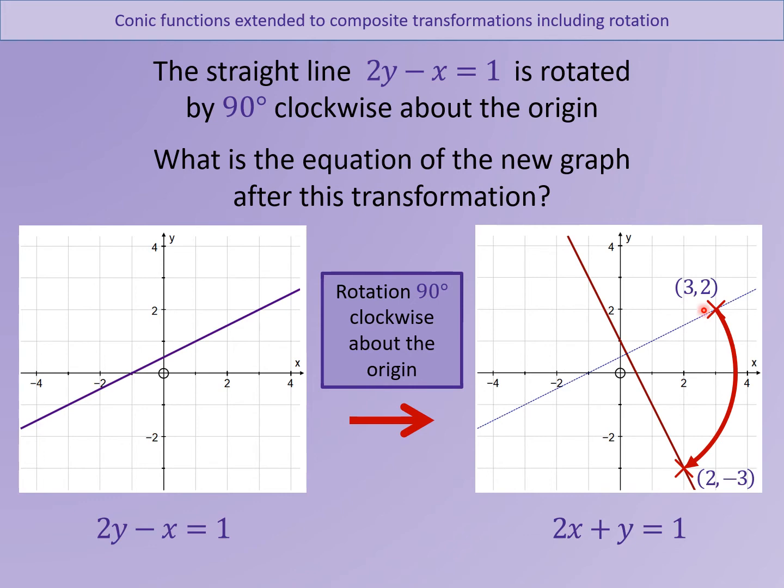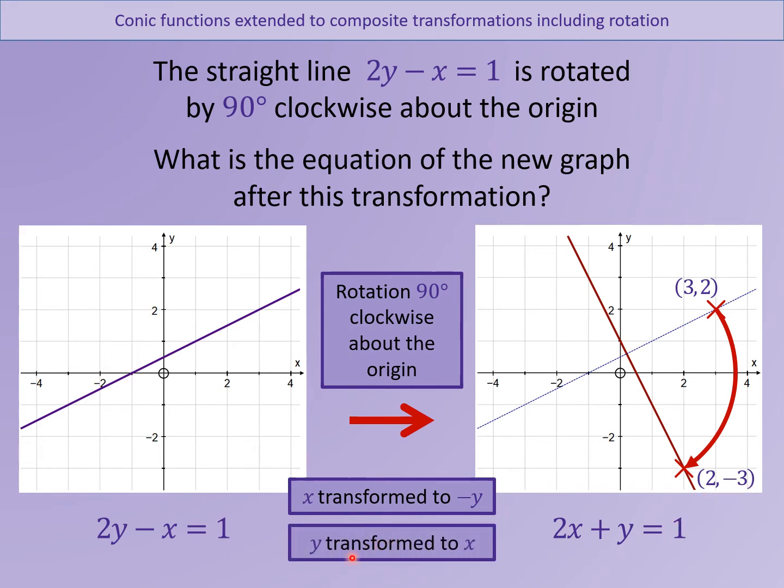So the x value has changed to the y value, and the y value has changed to the minus x value. Okay, so that x value of 3 has gone to the y, but it's been made negative, and the y value becomes the x value.